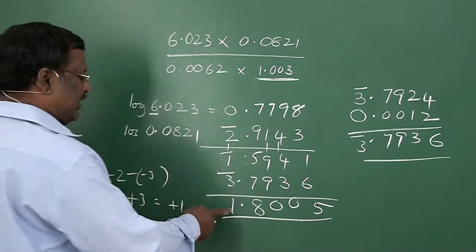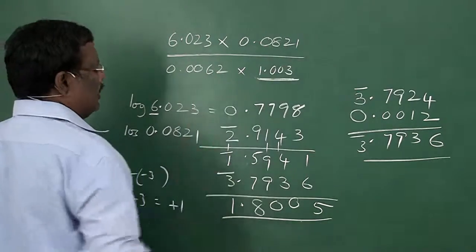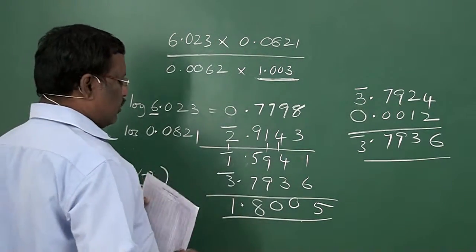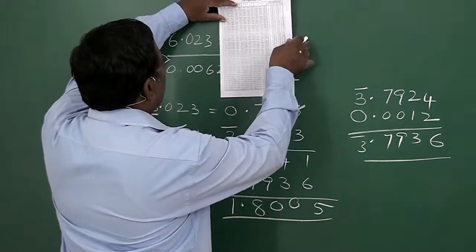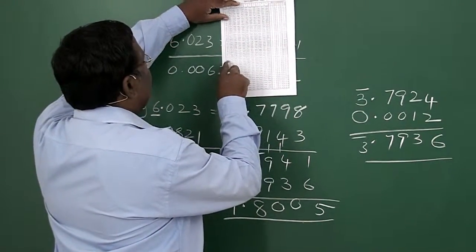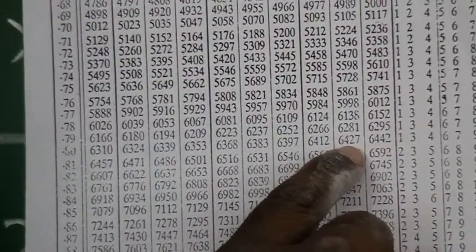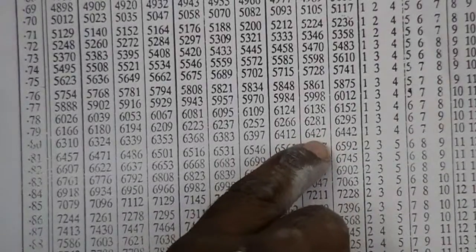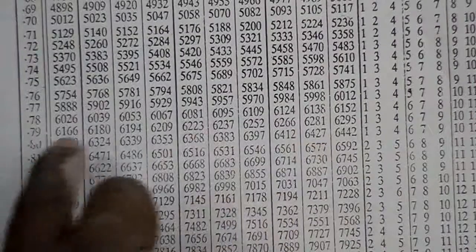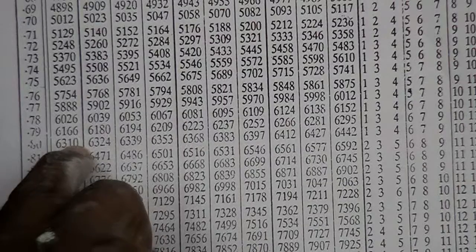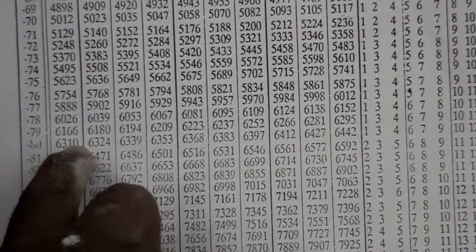Characteristic 1 here indicates that the answer will have a 2-digit number. For 8005, the antilog is 6310, and mean difference 5 is 5.